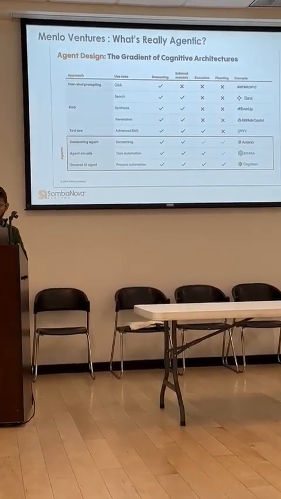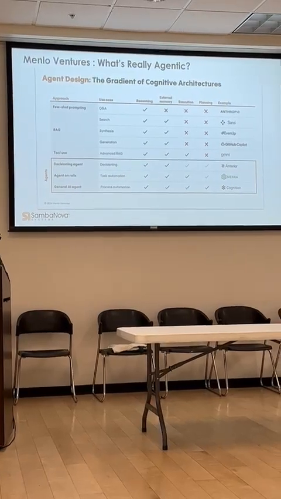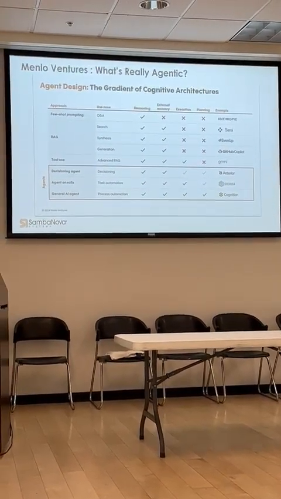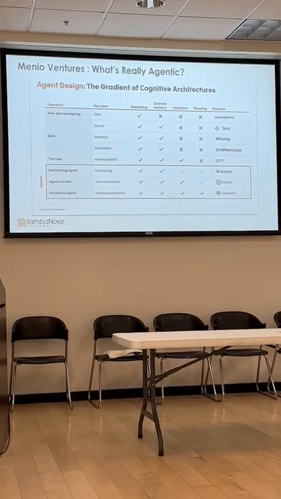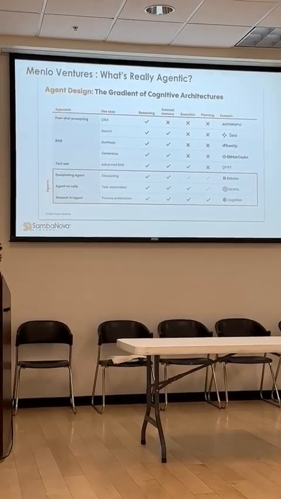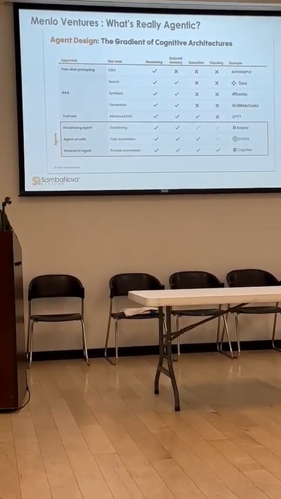This is the gradient of cognitive architectures, where we started with few-shot prompting, like Q&A, where it's based on reasoning. Something like Perplexity comes to mind. Anthropic provides the same APIs.